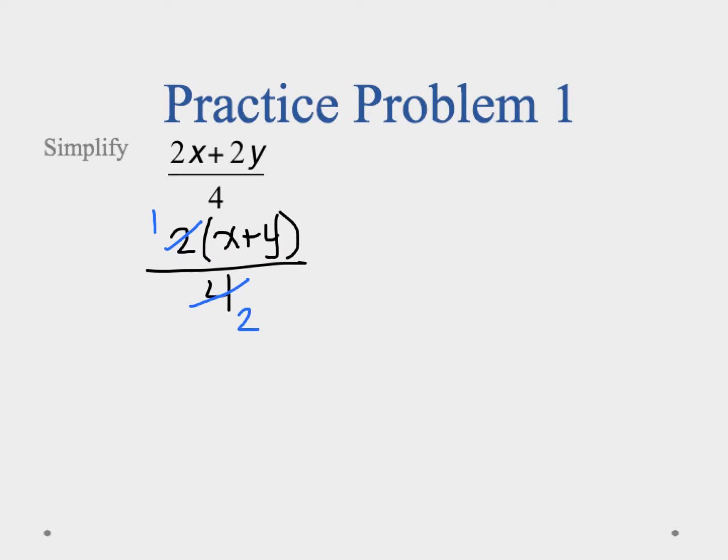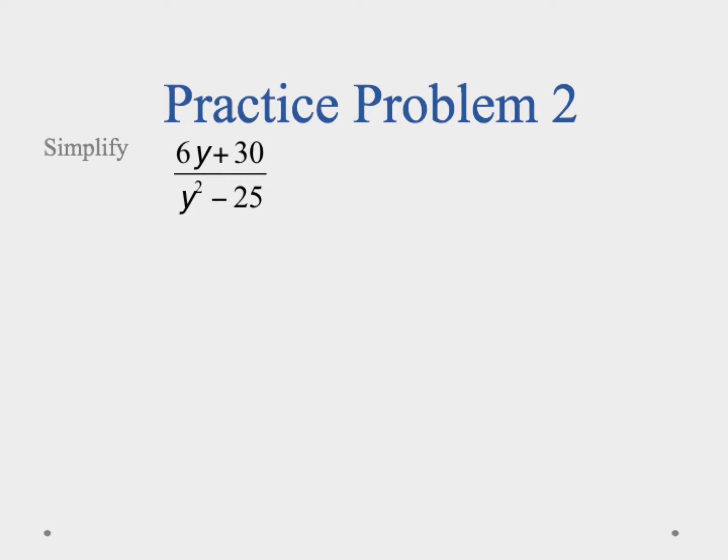So my answer is x plus y divided by 2. And since our original fraction does not have any variables in the denominator, we don't have to worry about stating when x or y is not allowed. So x plus y divided by 2 is my final answer.